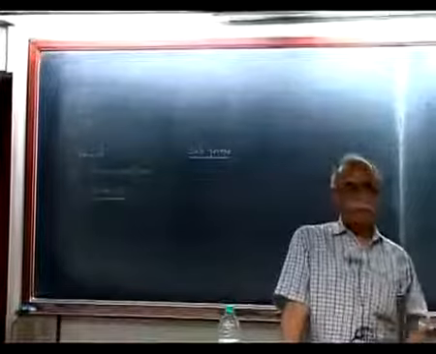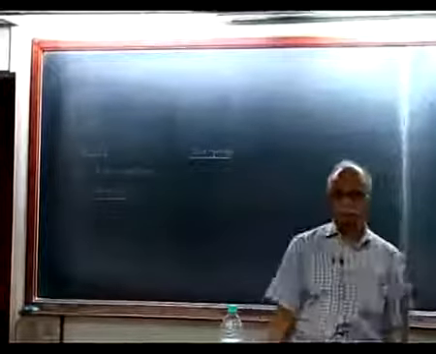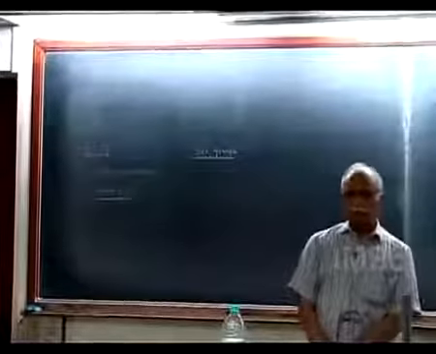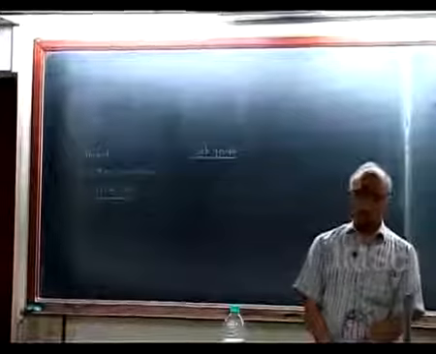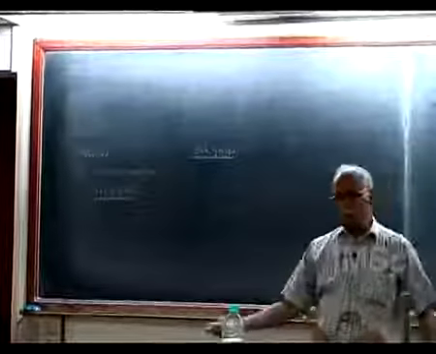So I will do the representation theory of the permutation group to the extent that time permits, okay? And then we will go into continuous groups. Continuous means what they call Lie groups. So that way I will have hopefully a balanced presentation of both finite groups and Lie groups.